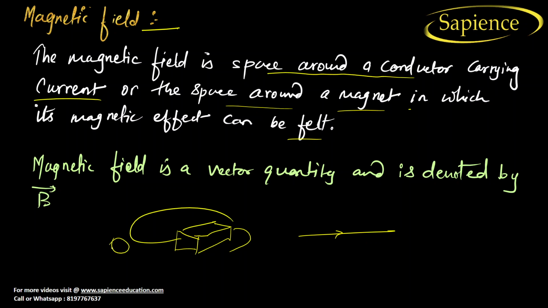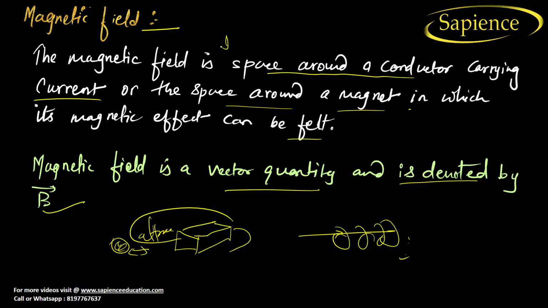The area where other metal will get attracted or repelled, the area around the wire at which the magnetic effect can be felt, is known as the magnetic field. Magnetic field is a vector quantity and it is denoted by B.